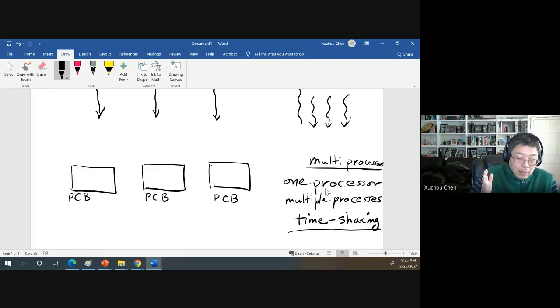All the data, information, and variables are going to be stored in the CPU registers so the CPU can execute this process. However, if we use multi-programming or time sharing, the CPU is going to switch back and forth among these processes. So the PCB is used to store the current state of each process.